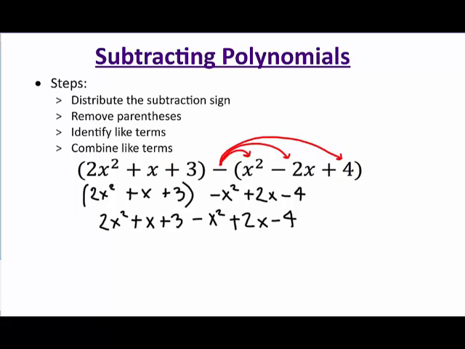To identify like terms, I'm going to do the same thing as before and underline my like terms. So I have my x squareds, I have my x's, and I have my constants.